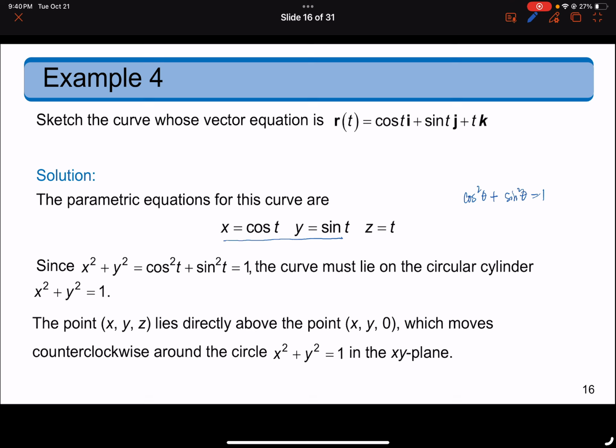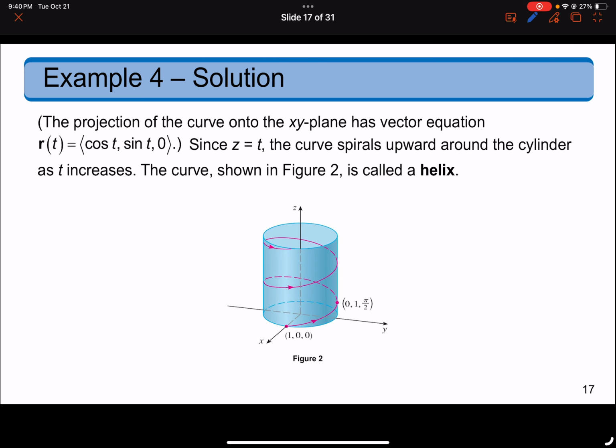So when the circle is projected or pulled along the z-axis, it would be a cylinder. The point (x, y, z) lies directly above the point (x, y, 0), which moves counterclockwise around the circle x squared plus y squared equal to 1 in the xy plane.